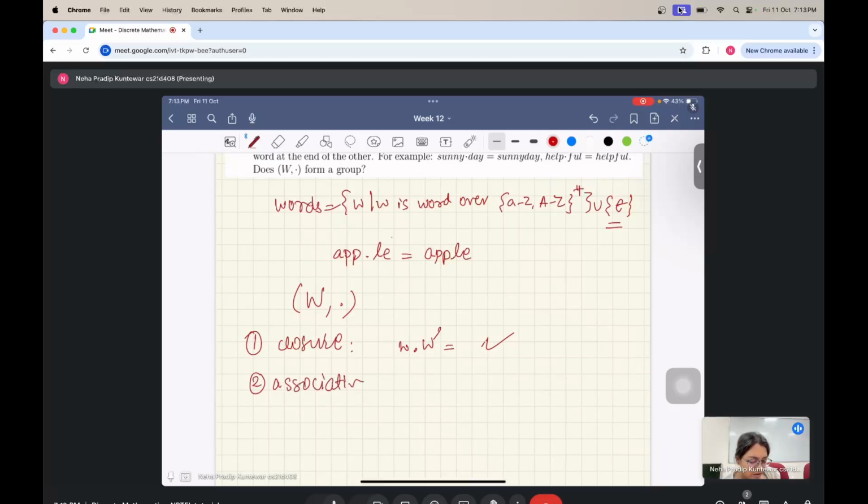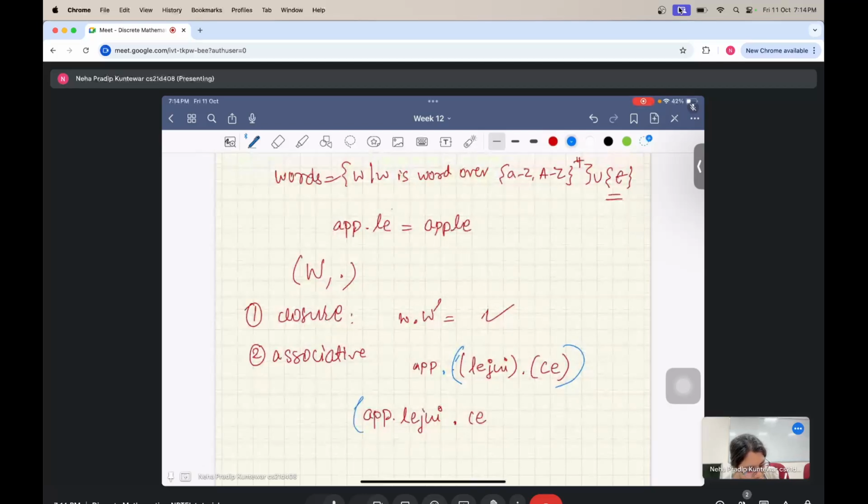Associativity: I take this word APP, and another word, and then another word. What I do is I first concatenate these two, and then I concatenate the result with this, or I first concatenate these two and then I concatenate it with CE.